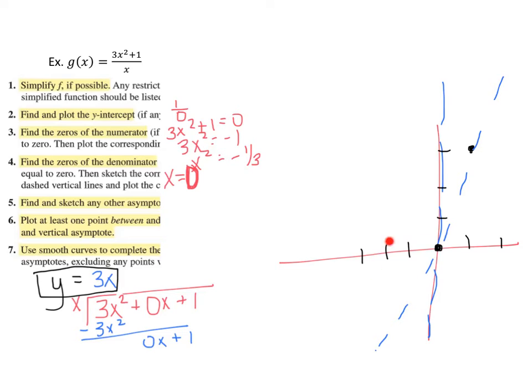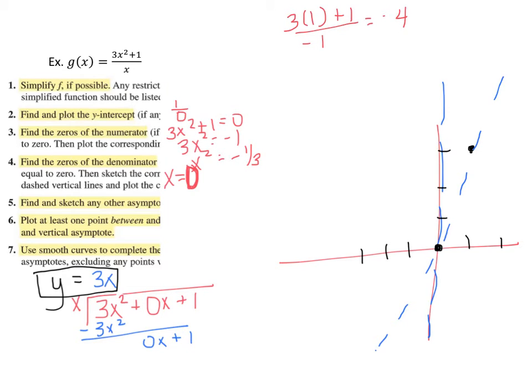So if I test over here, I'm going to test negative 1. So when I plug in negative 1, I have 3 times 1 plus 1 over negative 1 gives me 4 over negative 1, which is negative 4.